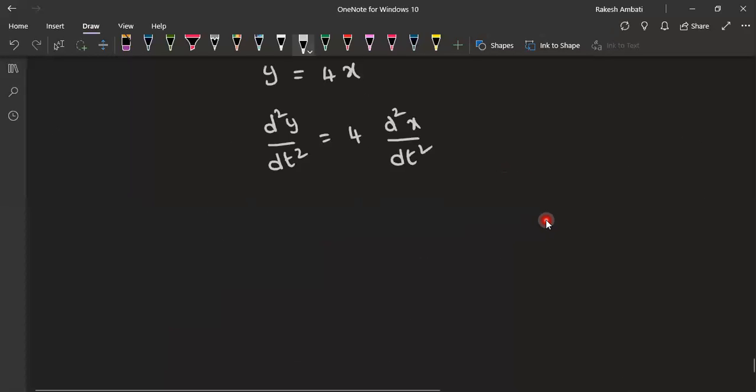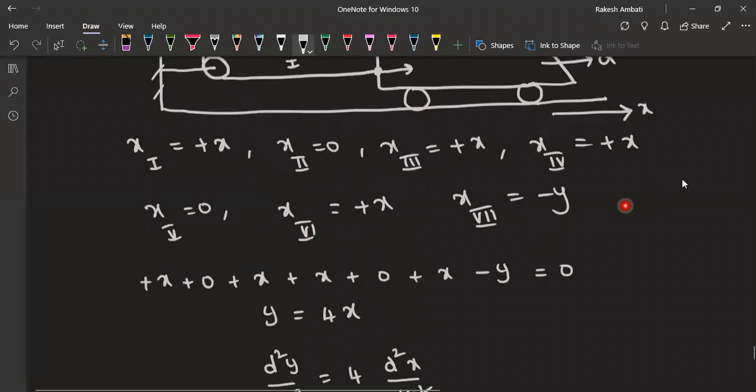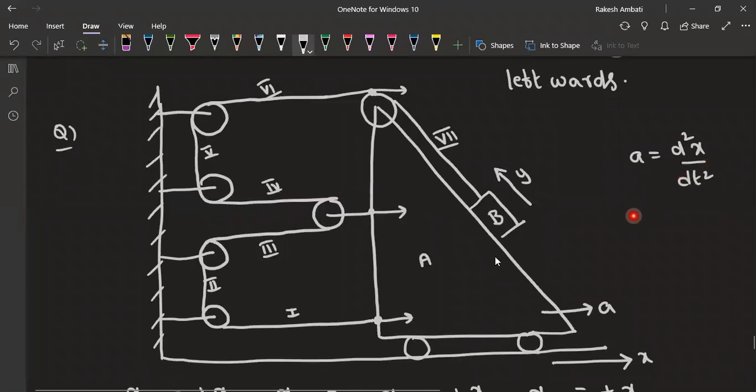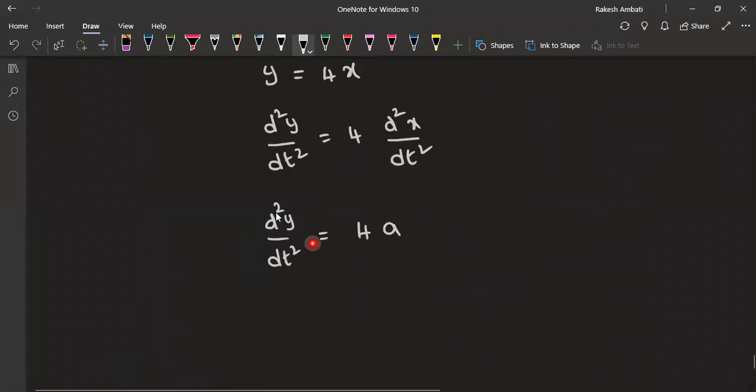So I'm keeping d square y by dt square as it is, equal to 4 into d square x by dt square, which is a. Therefore, this acceleration is present in the y direction. The value of d square y by dt square is equal to 4a.